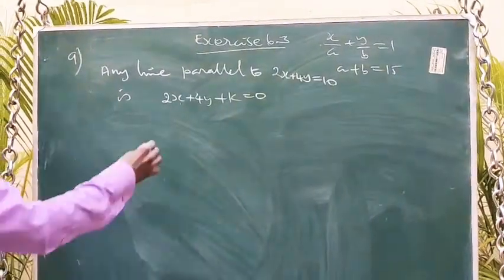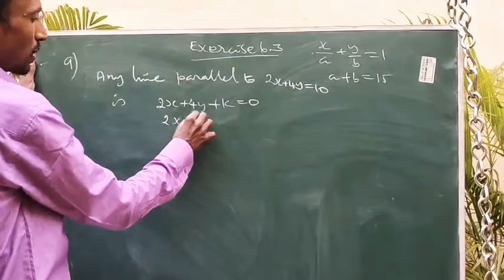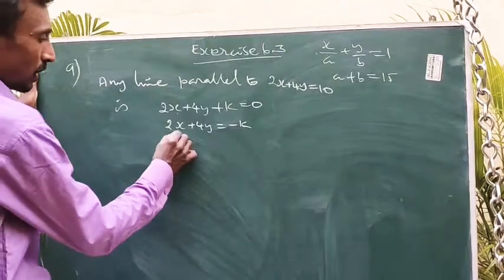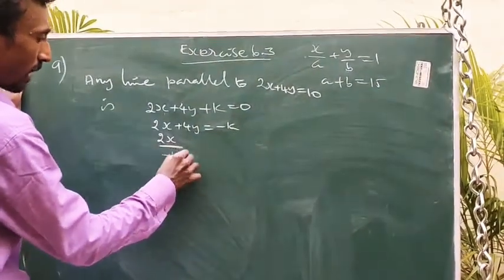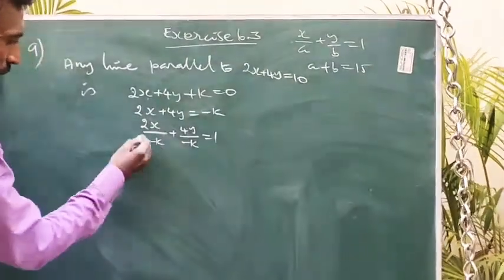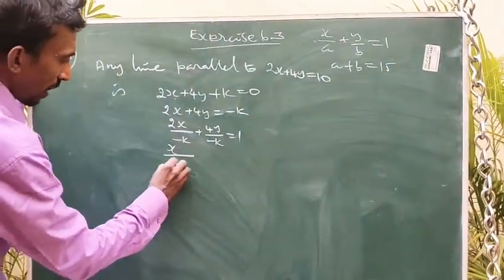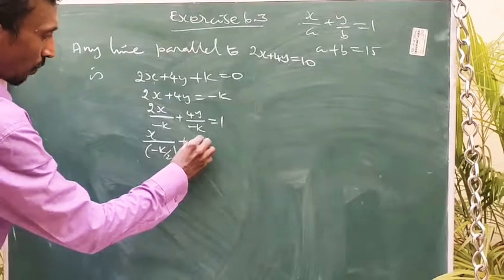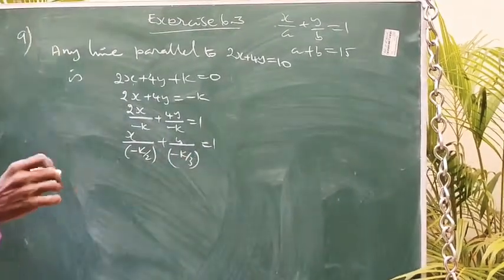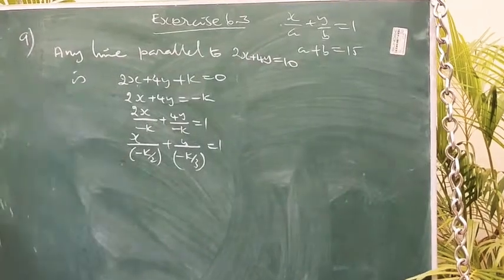So 2x plus 3y equal to minus k, write it in the intercept form. So 2x by minus k plus 3y by minus k equal to 1. Move this to the denominator, x by minus k by 2 plus y by minus k by 3 equal to 1. We are just rewriting the equation into the intercept form.